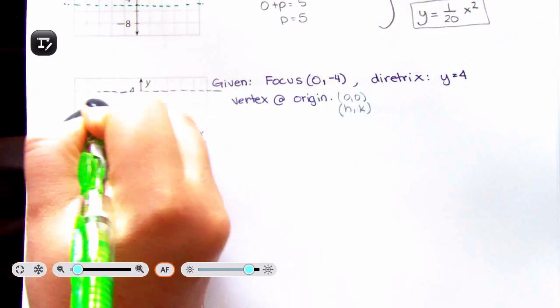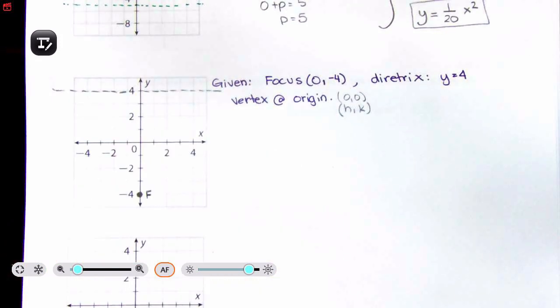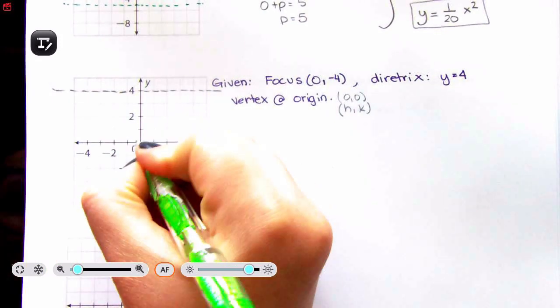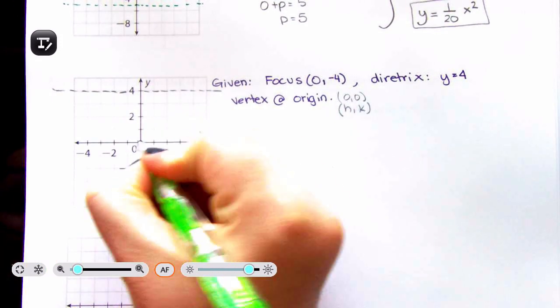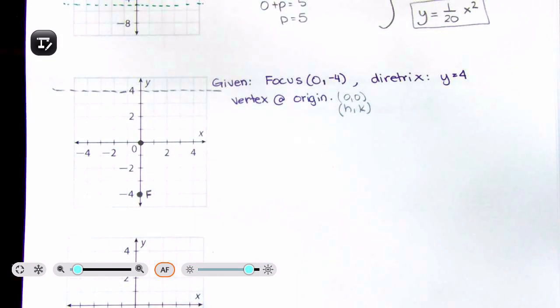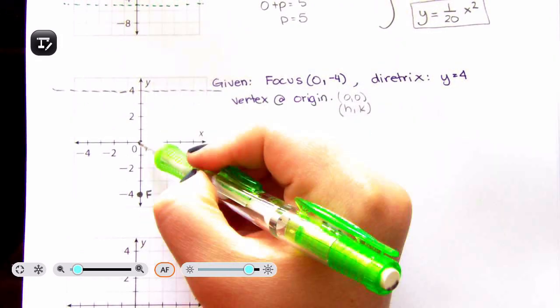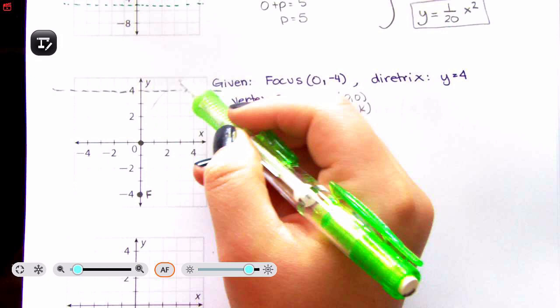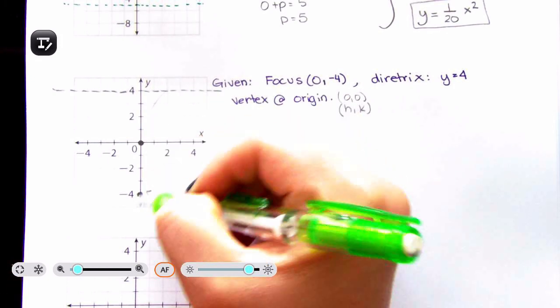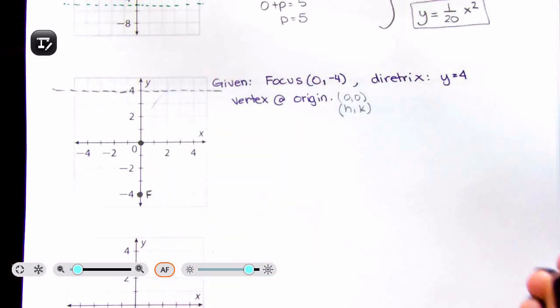So here's your directrix, and then your vertex is at 0. Looking at our three pieces of information, you know for sure that it's going to be a downward opening parabola. If we go sideways, left or right, your focus is not inside your parabola.